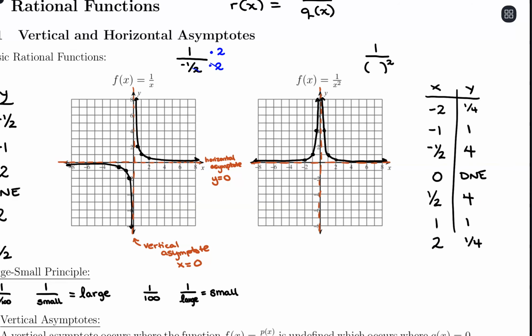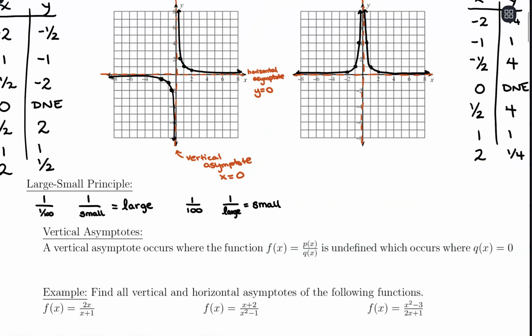So those are our 2 basic functions, the reciprocal function and then our 1 over x squared function, to just see how the behavior looks with those asymptotes in there, and the short-run and long-run behavior of our graphs. All right, so we talked about that large-small principle, which is really bringing through the idea of what happens near the vertical asymptote when you're plugging in really small values, and then what's happening with the horizontal asymptote as you're plugging in really large values.